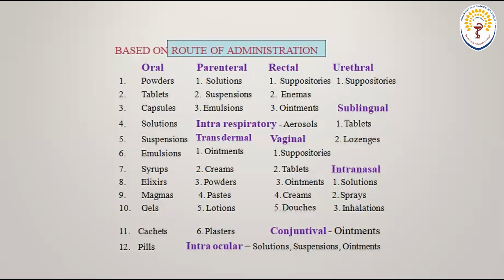Intra-respiratory, through nasal mucosa or through respiratory tract: aerosols, given in the condition of asthma. Transdermal, on the skin: ointment, cream, powder, paste and lotion. Vaginal, through vaginal cavities: suppositories, tablets, ointment, cream.